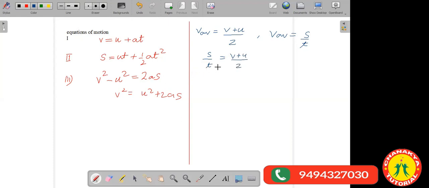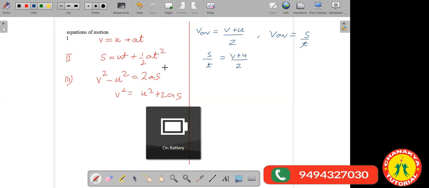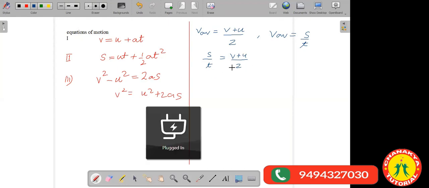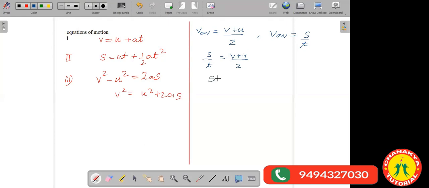This was the same thing we did to derive the second equation of motion. Now we can transpose this T, so we will be writing S equals V plus U by 2 multiplied with T. The same expression we had obtained in the previous example, for the second equation also.